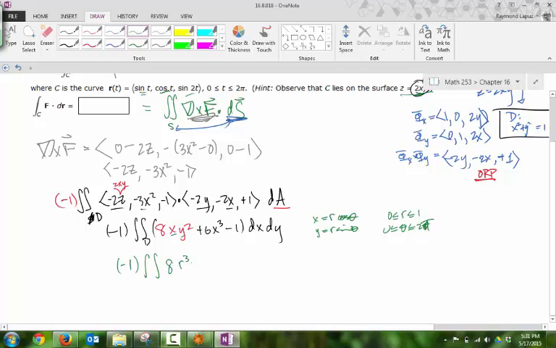We have a cosine theta and sine squared theta plus we have 6 and then r cubed cosine cubed theta, and then just a minus 1. And all this gets changed into r dr d theta.